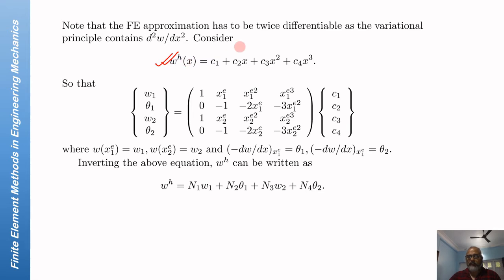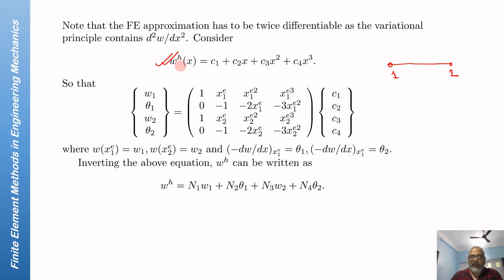So we have taken a third order polynomial. Now we are using this assumed displacement method here, because we now have two nodes, but we are not using linear shape functions, we are using something more than that. So that is allowed, that can be done easily if we use the assumed displacement method.